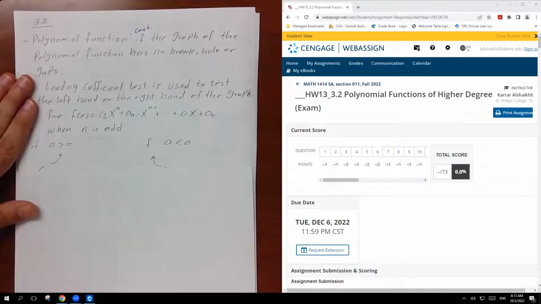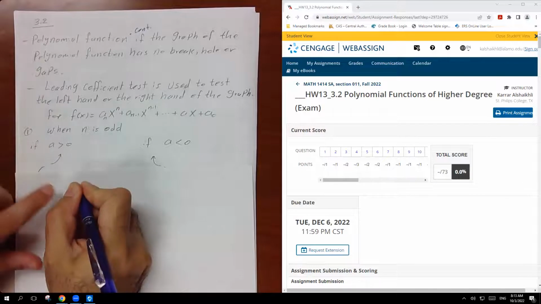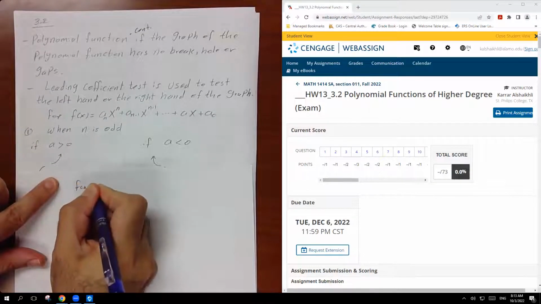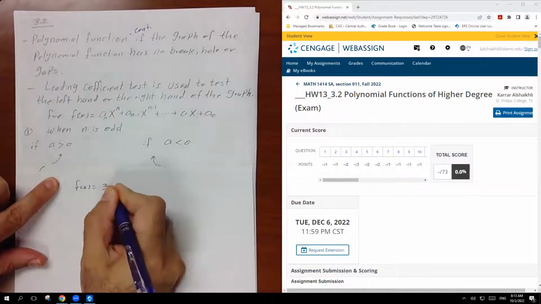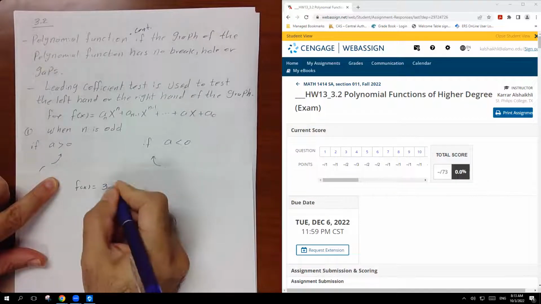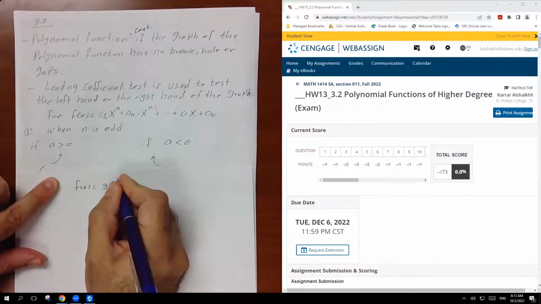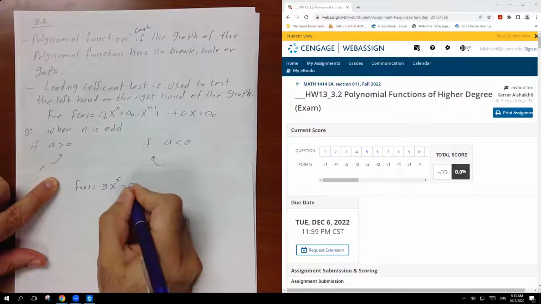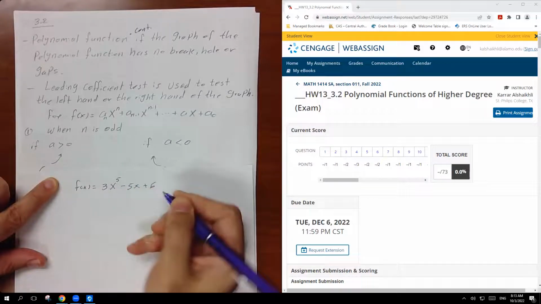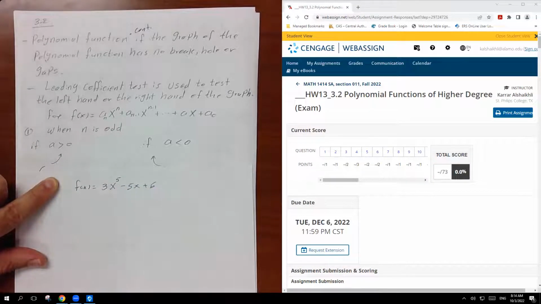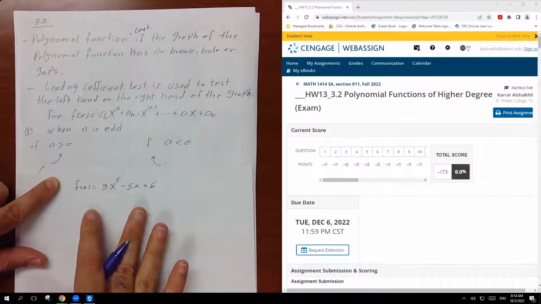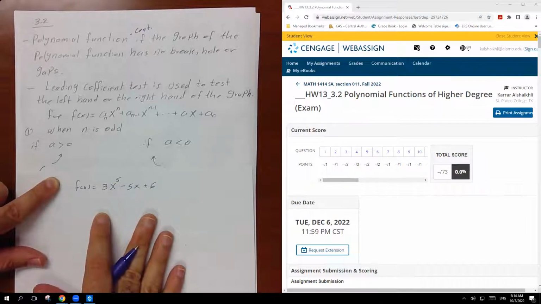Let's do a simple example with numbers. If we have the polynomial function f(x) = 3x^5 - 5x + 6, I need to check the leading coefficient test.